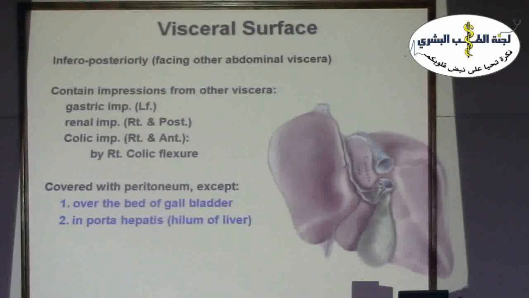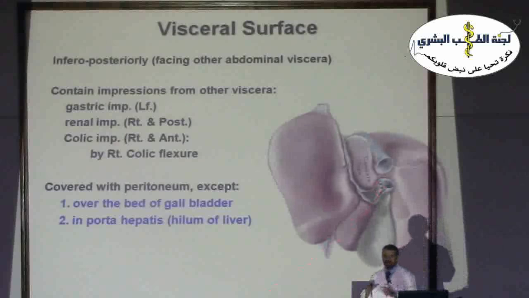The gate of the liver. So on the visceral surface, in the center, you will see an opening there. This is the porta hepatis. And you will see three structures getting in or leaving through it: portal vein, hepatic artery, and bile duct.